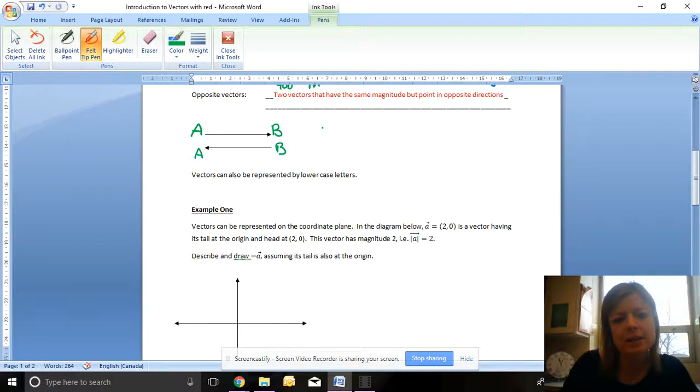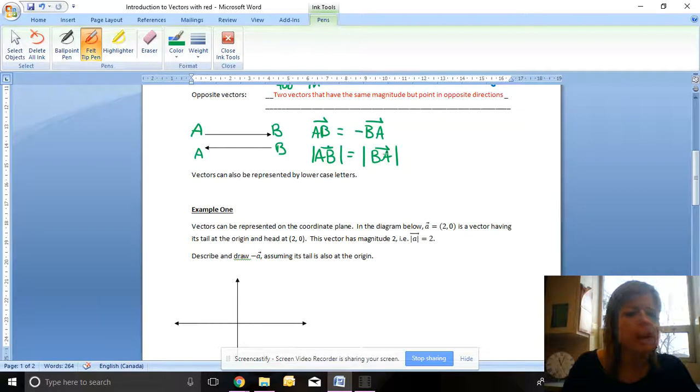So notationally, we can say that vector AB is equal to negative vector BA. This is BA. But the magnitude of AB is equal to the magnitude of BA.